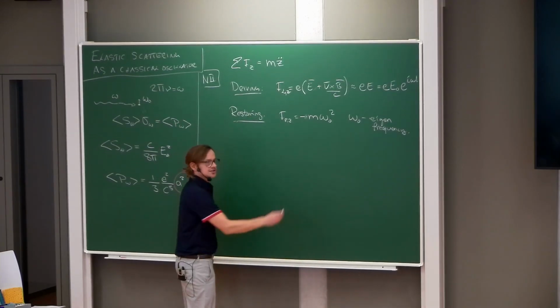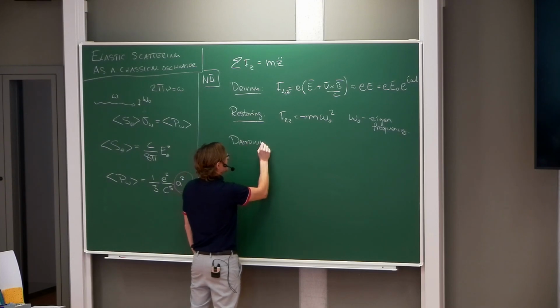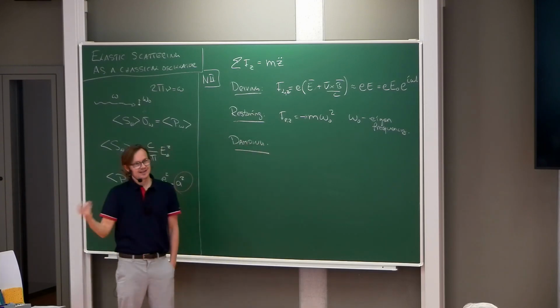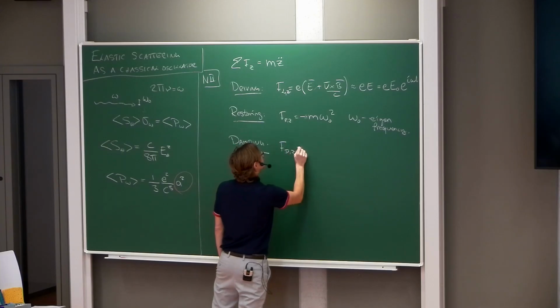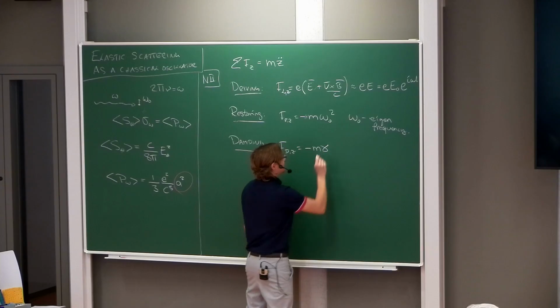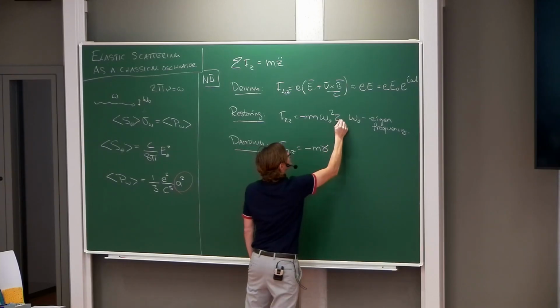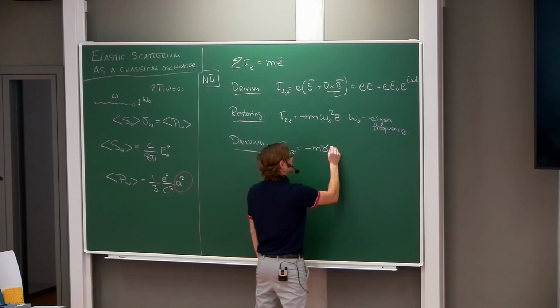And then also, we're going to have to deal with a damping force. Now, that damping force, we're going to write as minus m gamma z dot. Here, I forgot the z, of course, in there. Should have pointed that out.